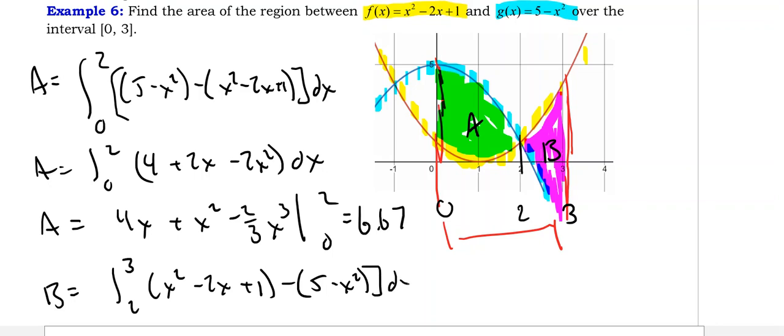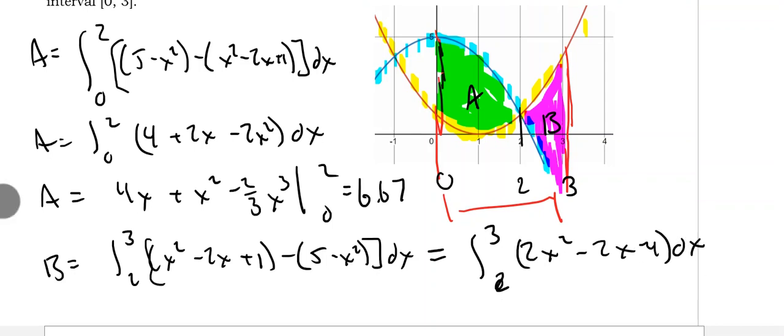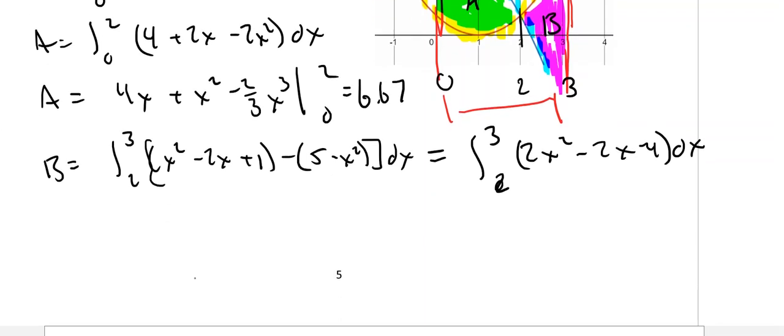And then that simplifies, from 2 to 3, to 2x squared minus 2x minus 4 dx.